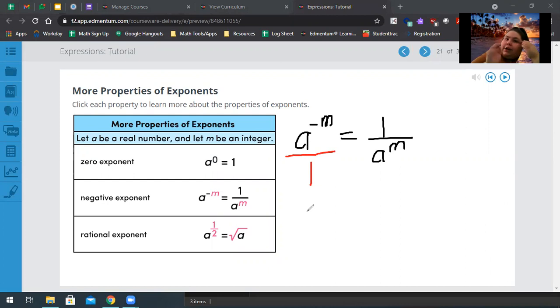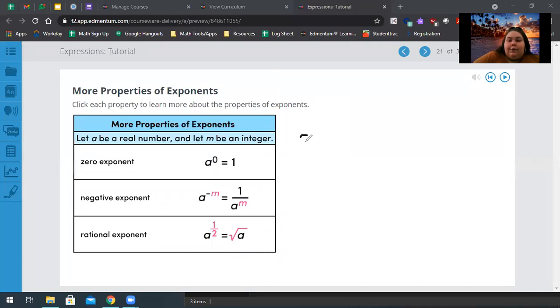And you're going to consider, is the base above the fraction or is it below? And you're going to take it to the opposite side. So this one right here, a to the negative m, is currently at the top of the fraction. To make negative m into a positive m, you need to bring it below. Vice versa, if it is below the fraction, you need to bring it to the top and you convert the sign.